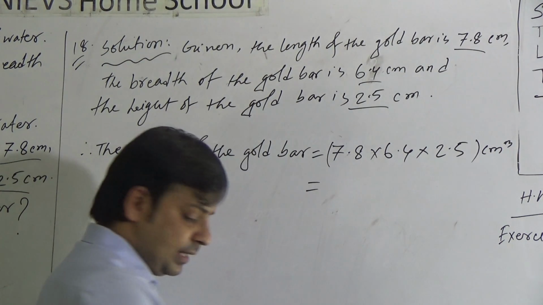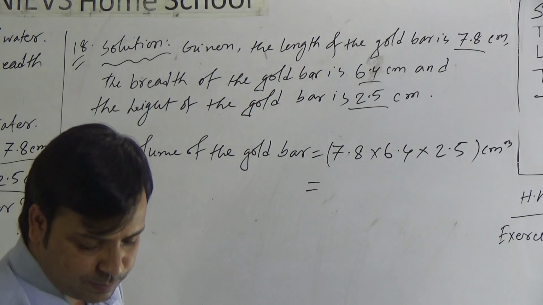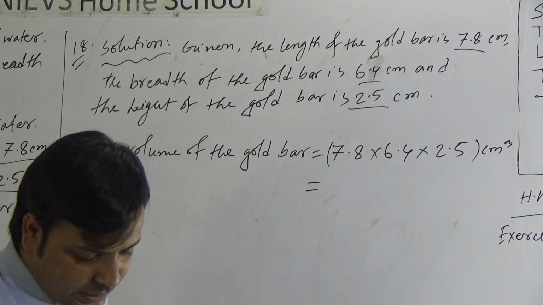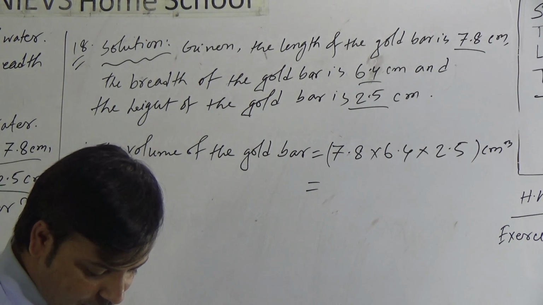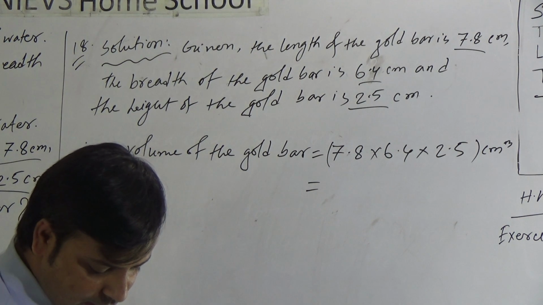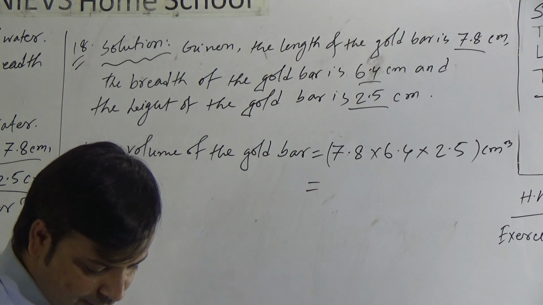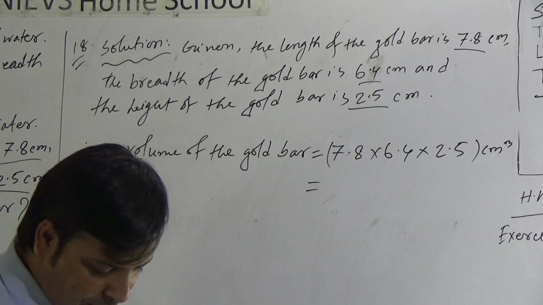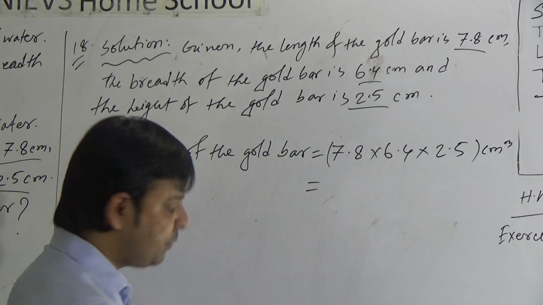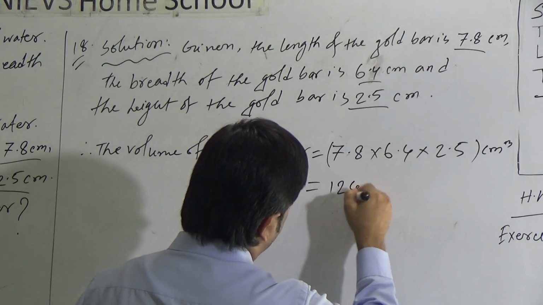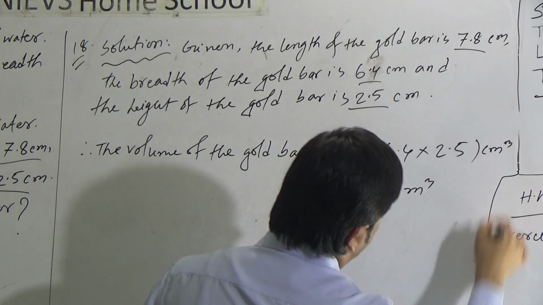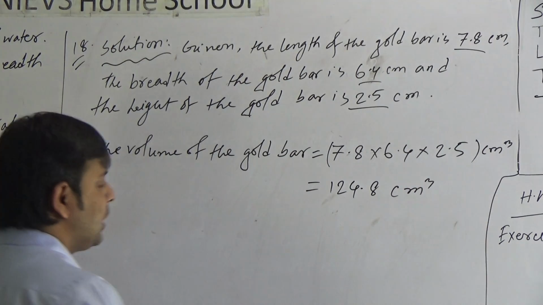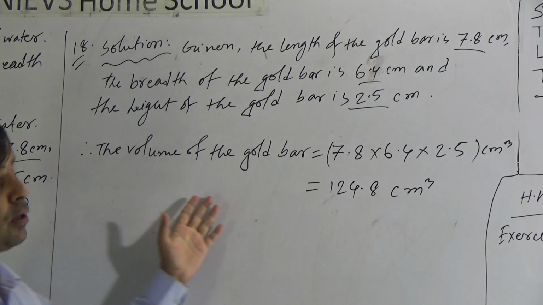If we multiply these three, what will be the product? We have to multiply 7.8 by 6.4 and then by 2.5. We'll get here 124.8 cubic centimeter. 124.8 cubic centimeter is the volume of the gold bar.